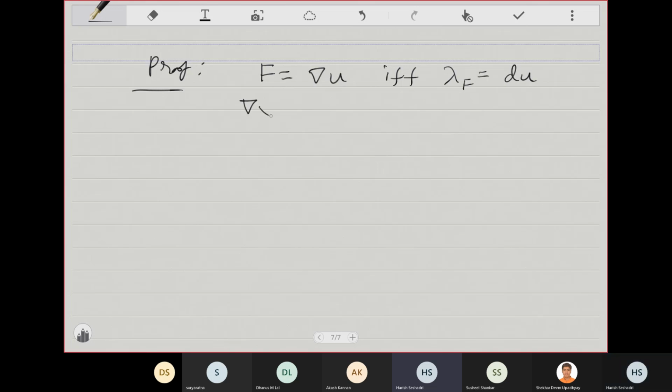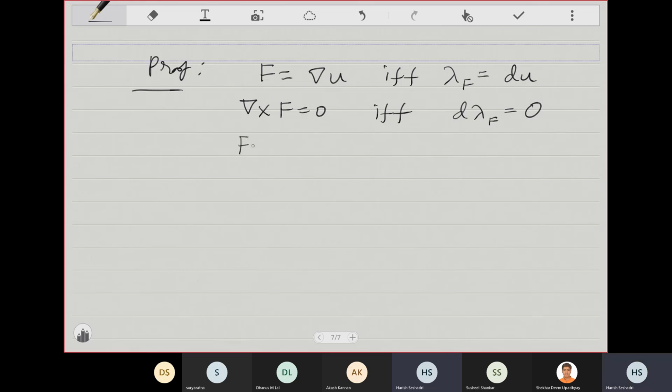And then the curl of F is 0 if and only if d lambda F is equal to 0, and what else, right?